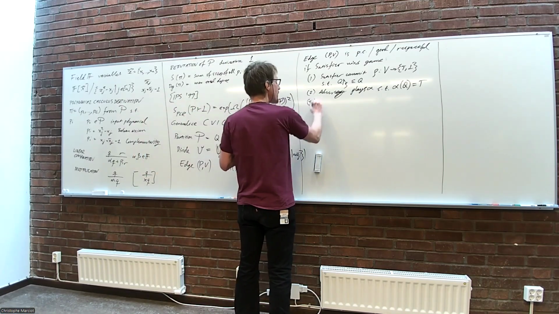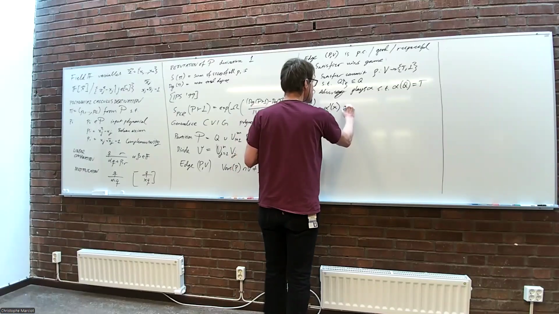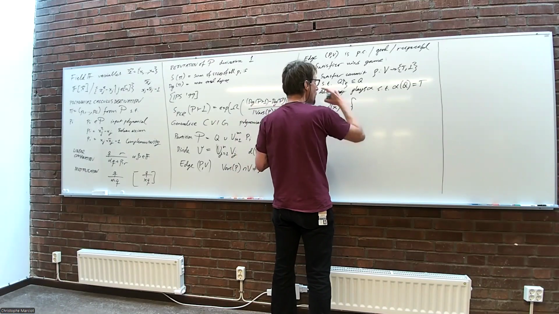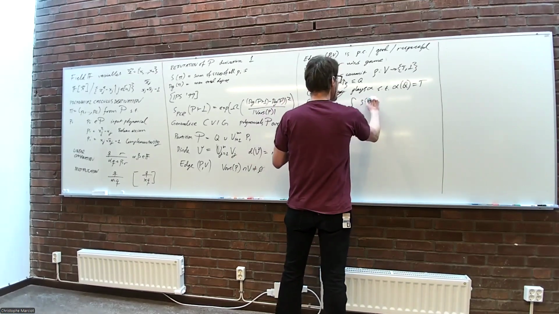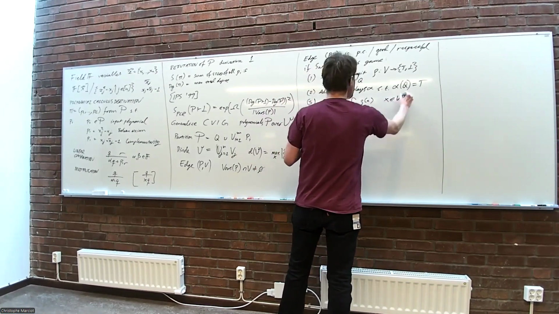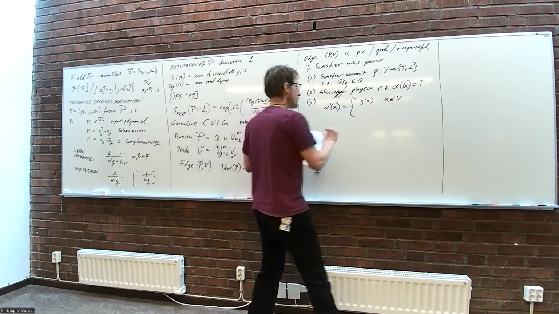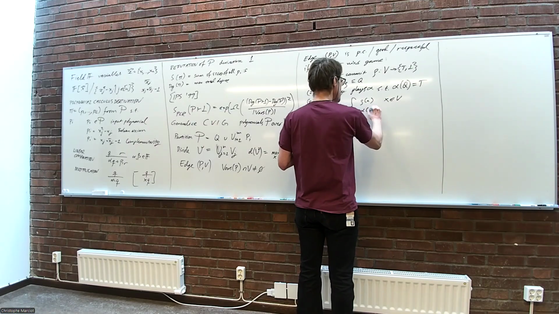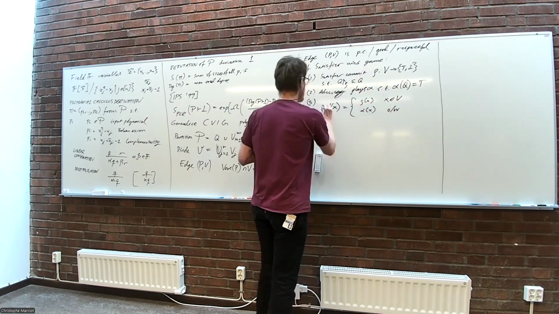And then I say, okay, let's see what we have. I'll now define alpha prime of x to be the following. For x in the set V, we take the satisfier's choice. And for everything else, we take the adversary's choice. Okay?